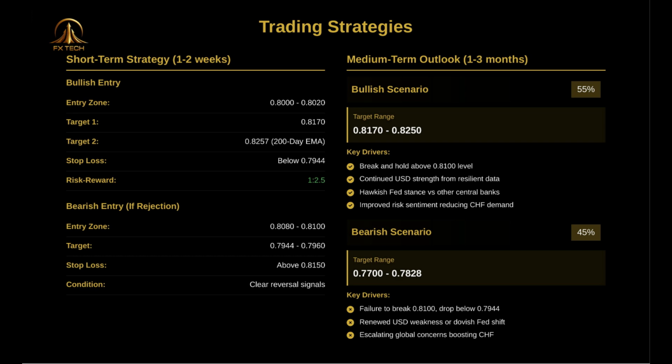For those anticipating a pullback, a bearish strategy could be considered if the pair fails at 0.8100, but only with clear reversal signals. For medium-term traders looking 1 to 3 months ahead, we present two scenarios.